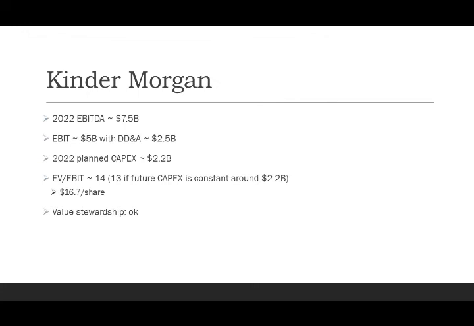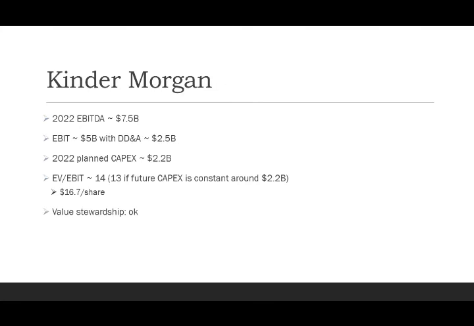Next, we look at Kinder Morgan as a comparison with Energy Transfer. So its 2022 EBITDA guidance is about $7.5 billion, and its EBIT is about $5 billion. Its DD&A is about $2.5 billion, comparable to its planned capex of $2.2 billion.